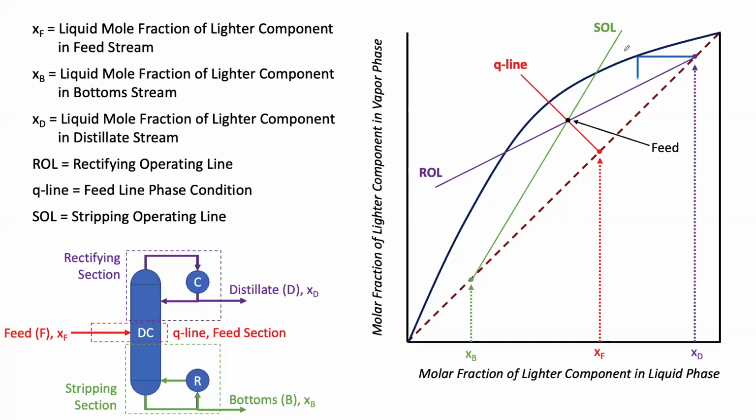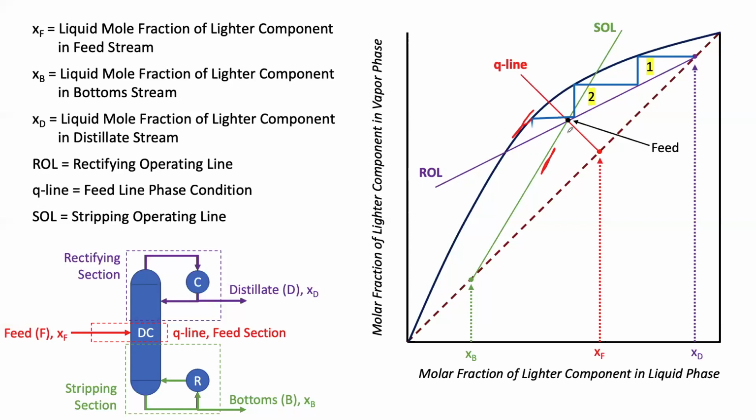Initially, our boundaries are the equilibrium line and our rectifying line. And then once we cross this feed line right here, our boundaries change. Now we'll be bound by the equilibrium line and the stripping line.